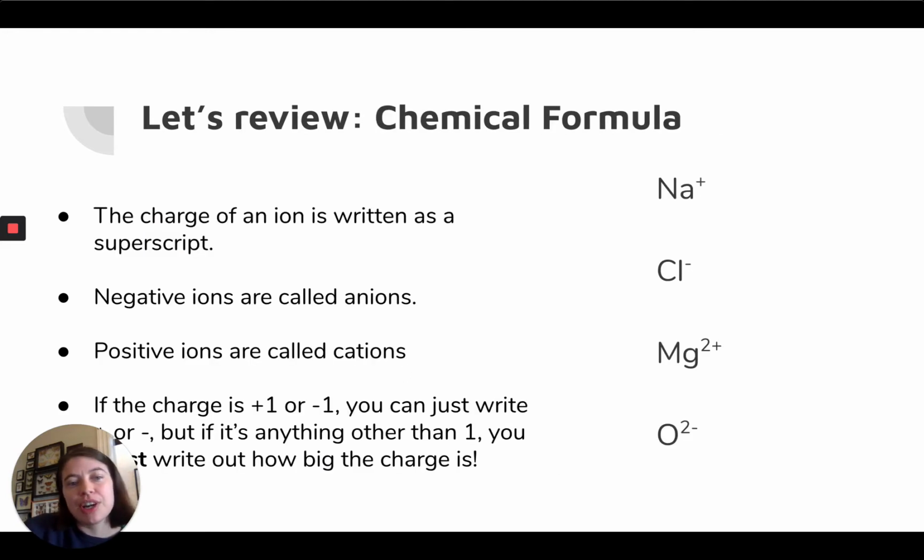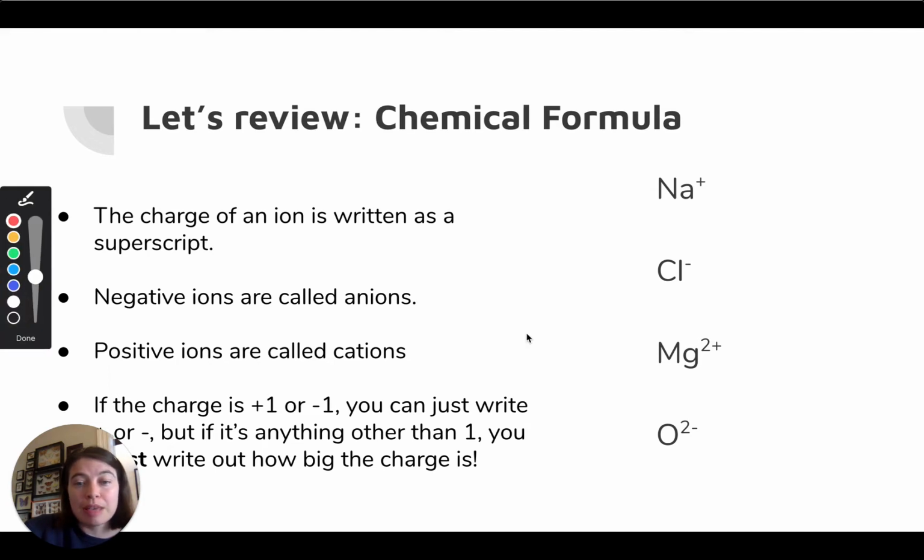We also have already talked about chemical formulas. So just a reminder that when we are talking about chemical formulas, the charge of an ion is always written as a superscript. So here, for example, sodium forms an ion with a charge of +1. Remember that if the charge is +1 or -1, you're allowed to just write plus or minus.